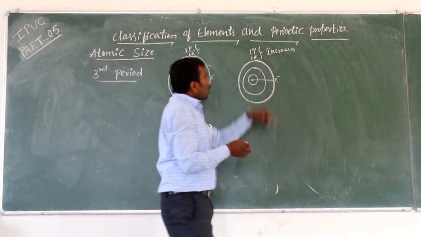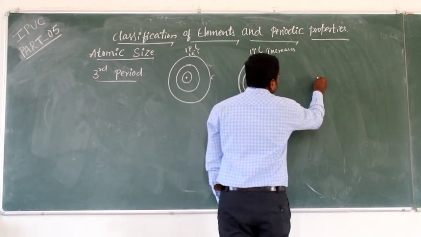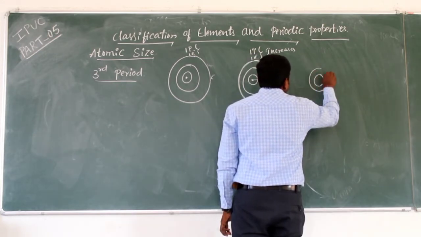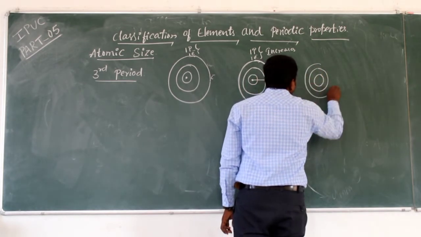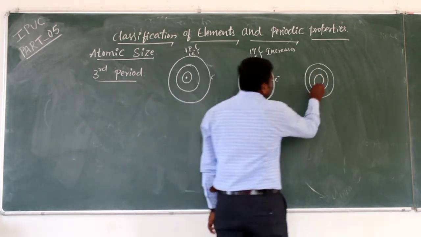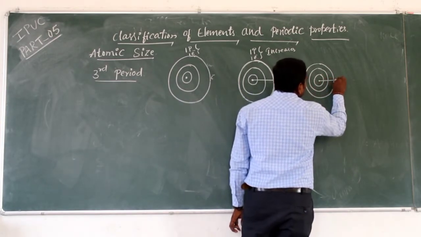Next we move on to another atom. See, this is the first shell, this is the second shell, this is the third shell. This is the nucleus, and this is the outermost electron.